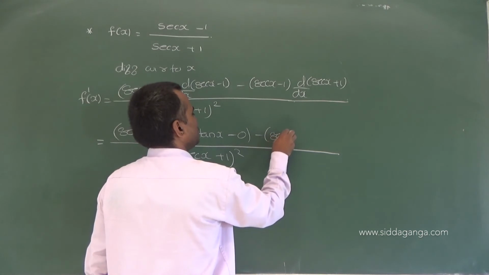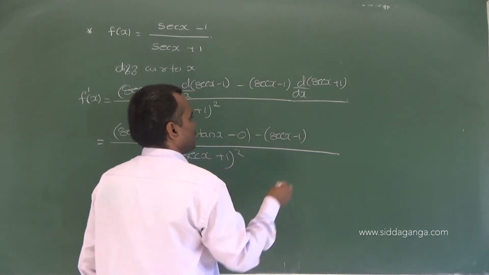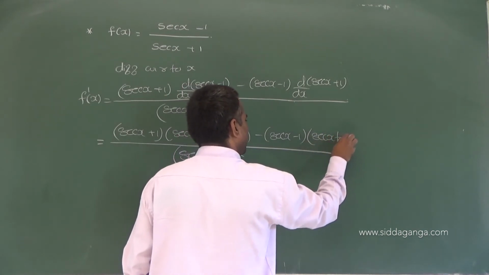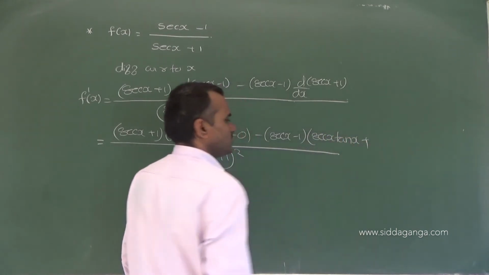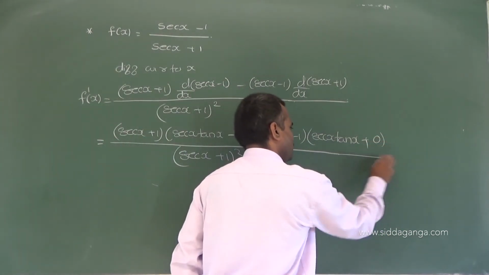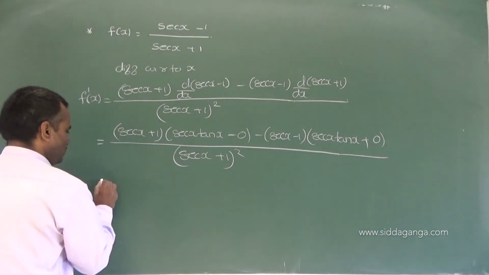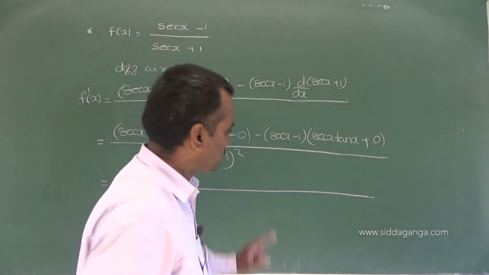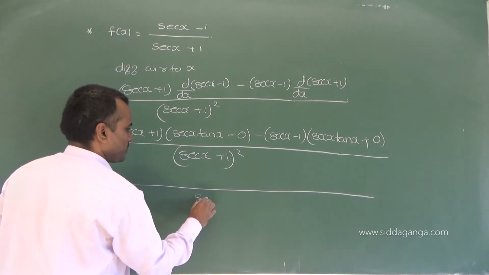Minus secant x minus 1, derivative of secant x into tan x plus derivative of 1. Derivative of 1 is 0, constant. If you keep it as it is, okay. If you want to continue, no problem.